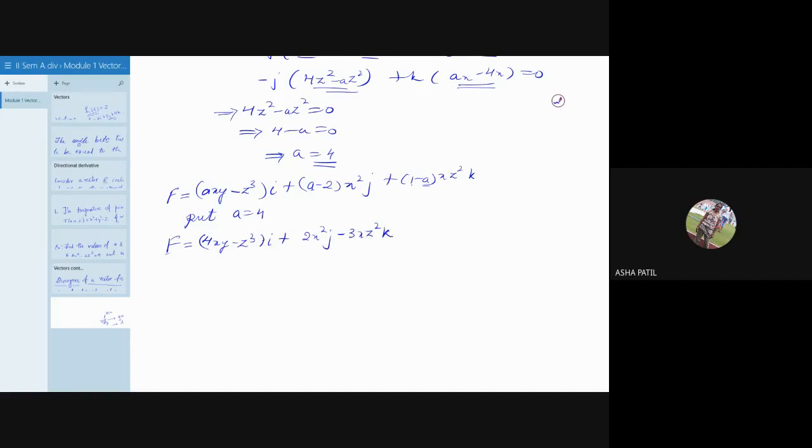Okay, so this is your vector F. Now what I asked is find the scalar potential phi. Now suppose let phi be the scalar potential.